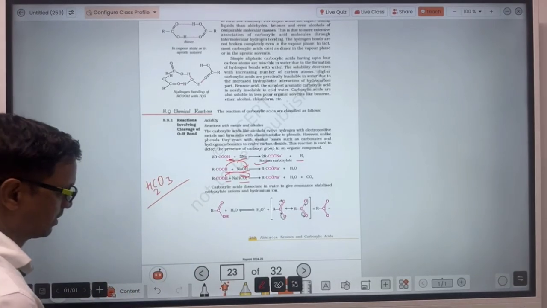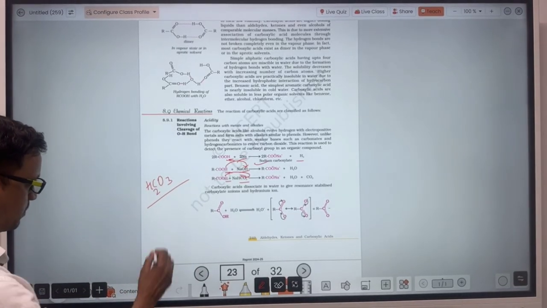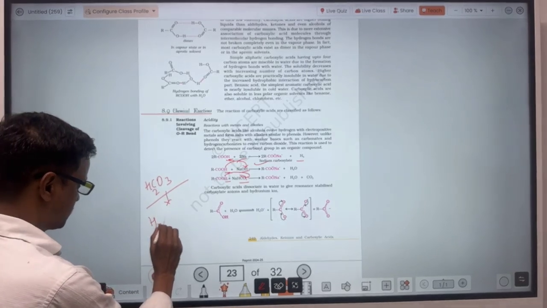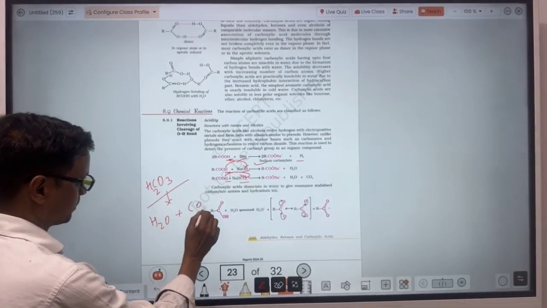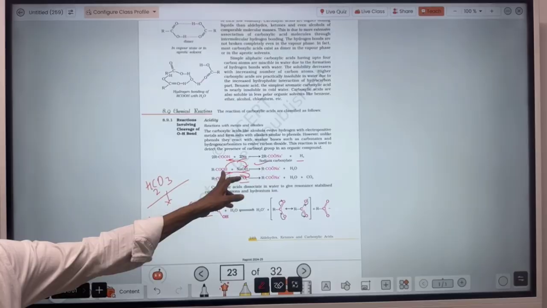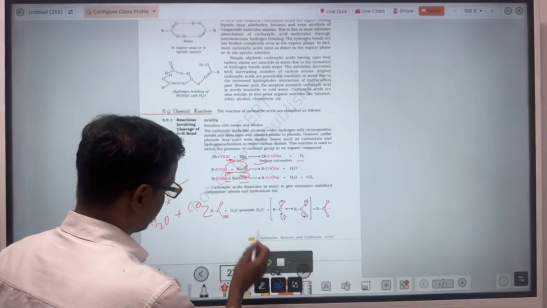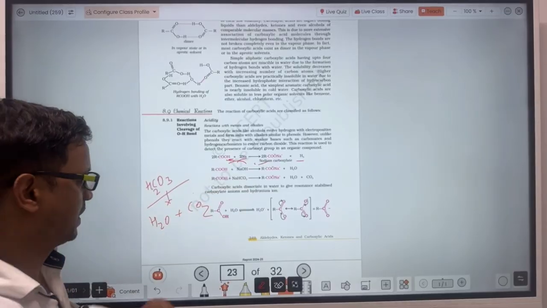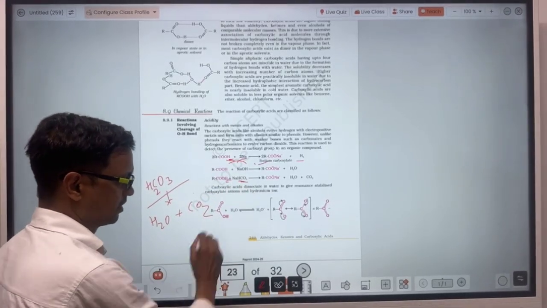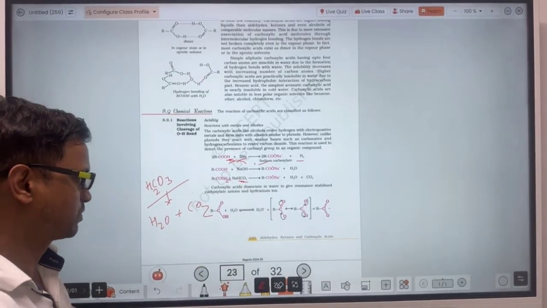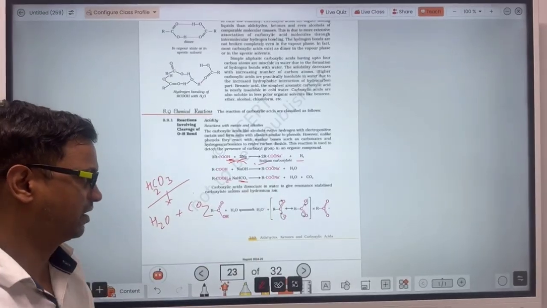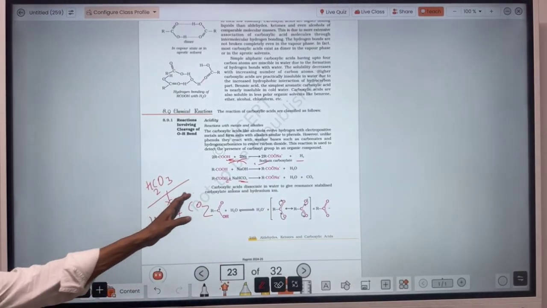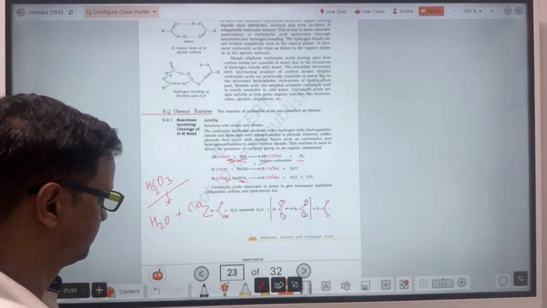This H2CO3 is highly unstable, so it dissociates into H2O and CO2. So first the hydrogen of the carboxylic acid combined with HCO3 minus to form H2CO3, but that H2CO3 was unstable, so it formed water and CO2.